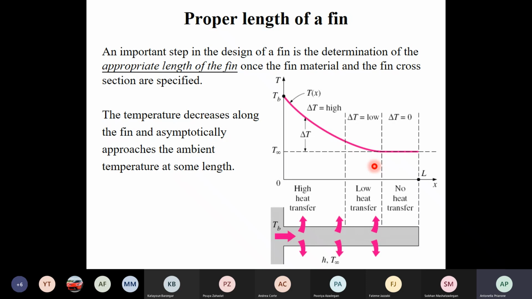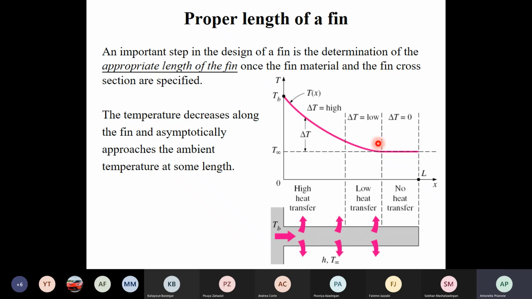And also it's important to verify, for example, it is a question of weight. If the finite surface is metallic, I have to think about the weight of the system.